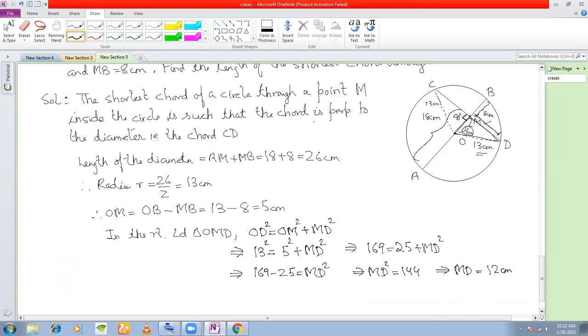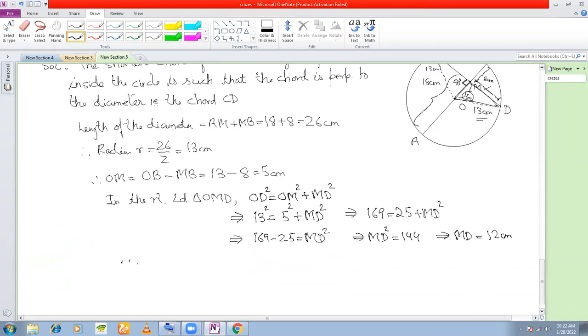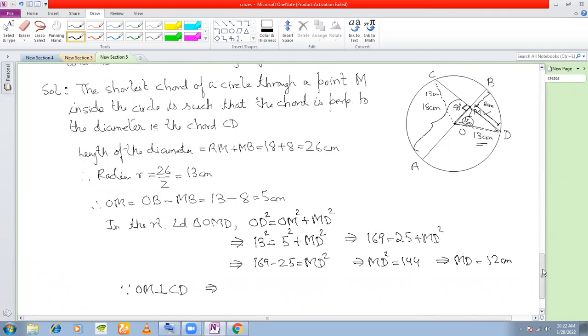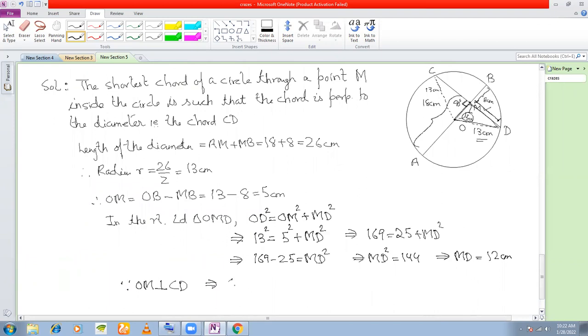Now because OM is perpendicular to the chord CD, that means we must have, from which theorem? From the converse of theorem 1. What can we say? CM is equal to MD, right?